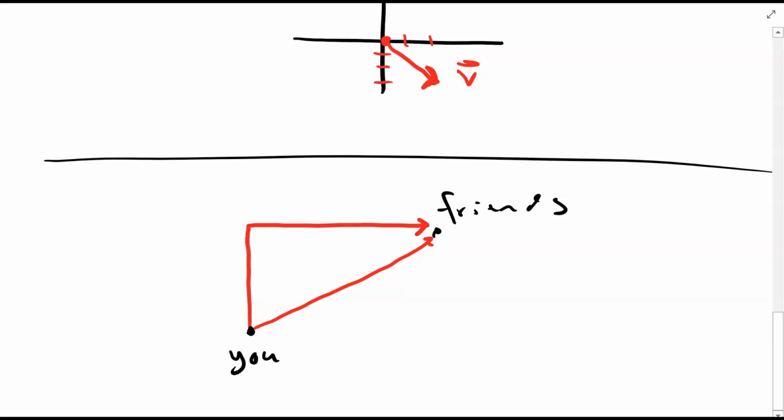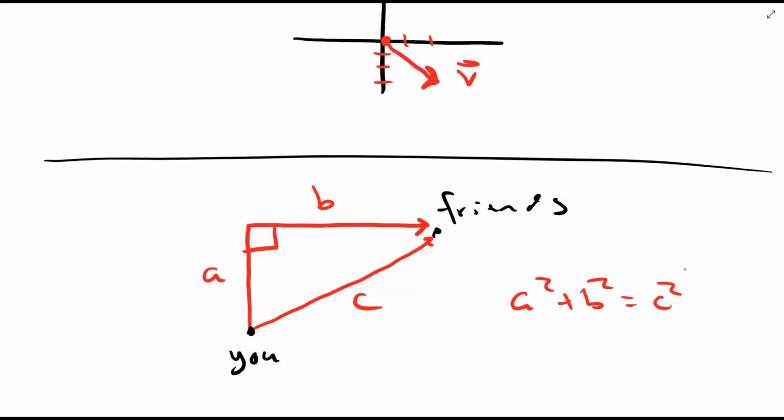Everybody can see that those are both reasonable ways to get to your friend's house. And they're related, right? How are they related? Well, if that's a right angle, and those are lengths, they're related via the Pythagorean theorem.